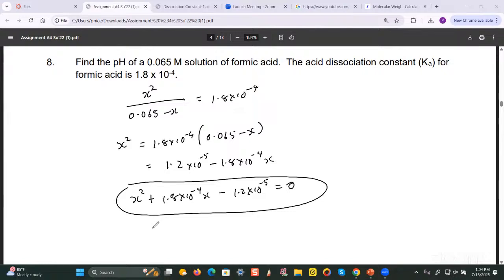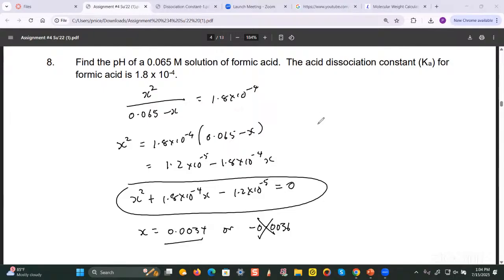But when I solved for x, I got x equals 0.0034 or minus 0.0036. And of course, the negative one we can ignore. So we're going to go with x equals 0.0034.